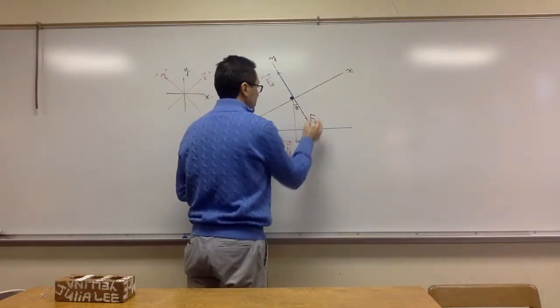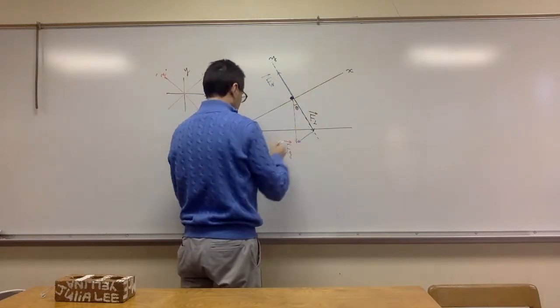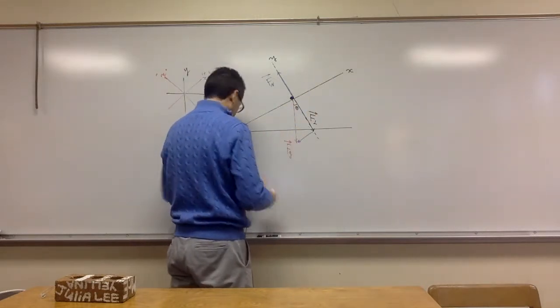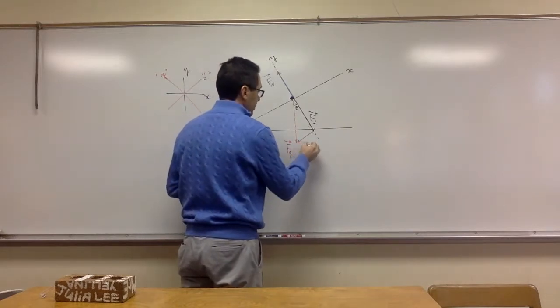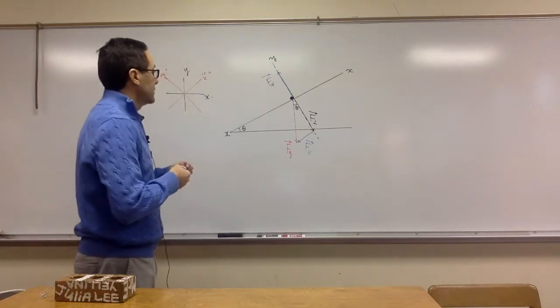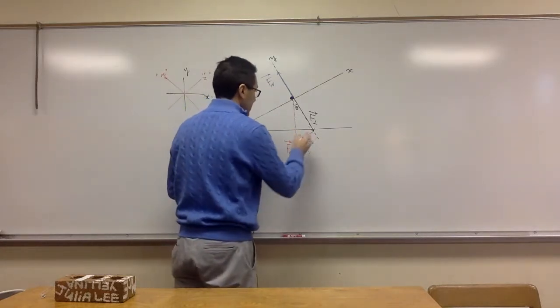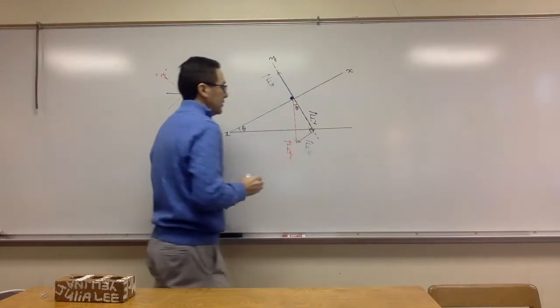Since this is perpendicular to the ramp, I'm going to call it F perpendicular. The blue one, you guessed it, I'm going to call it F parallel, or we can say FP. Now, this angle here, I hope you can see this, should be 90 degrees.